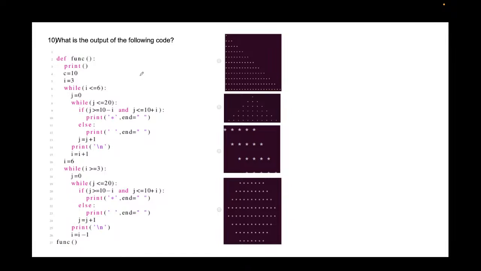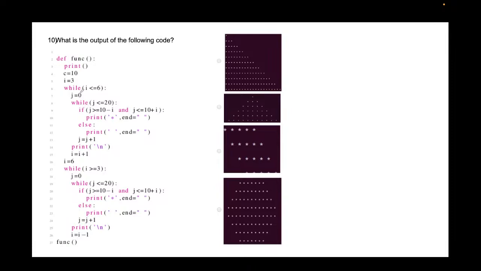In this question we are defining a function func, and that is being called. We are initializing two variables, c and I, to 10 and 3 respectively. These will act as running indices. When I is below a certain value, 6, we have another while loop inside.